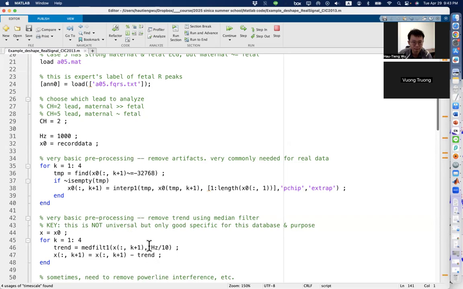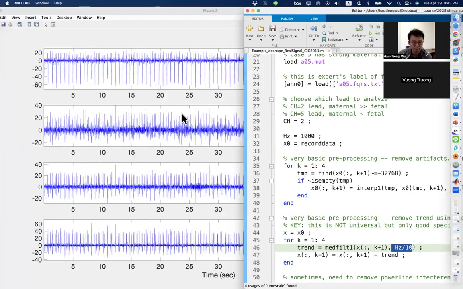And here, we use this short-time median filter that is very specifically applied for our purpose in trans-abdominal maternal ECG analysis. It is not universal. For other data sets, for other biomedical signals, you need to determine the trend based on the features, based on the database.